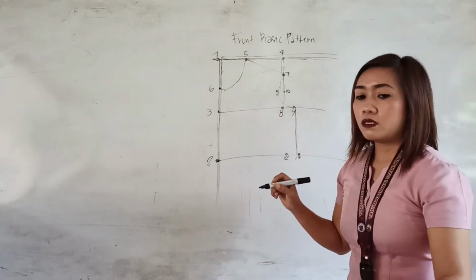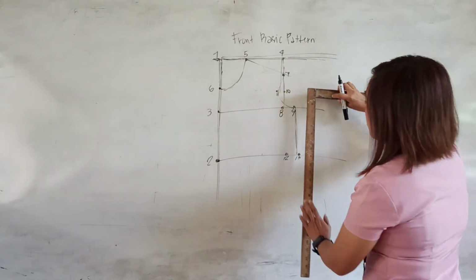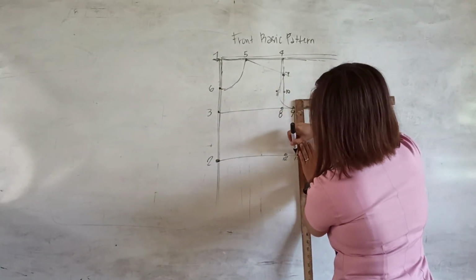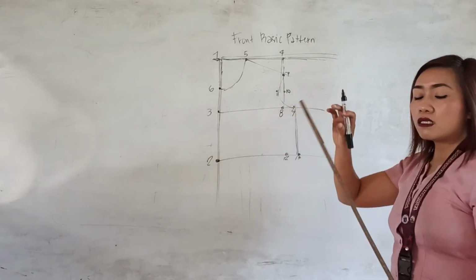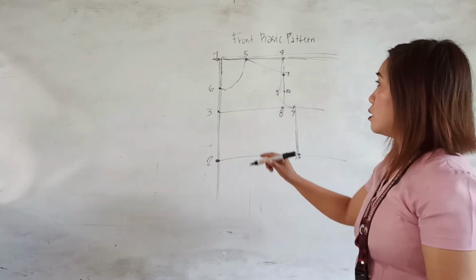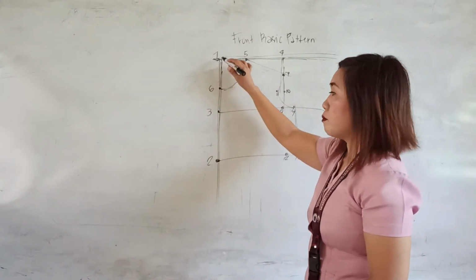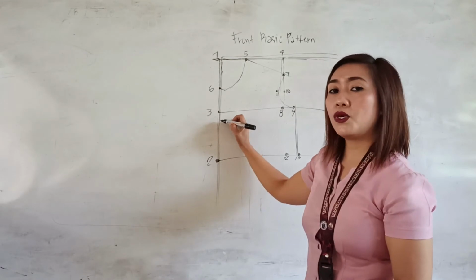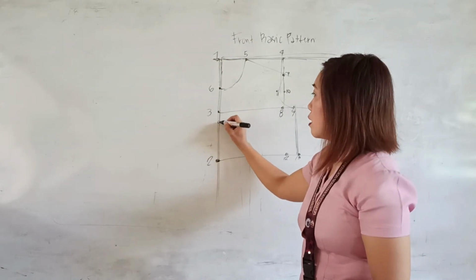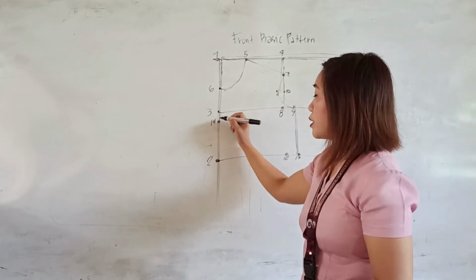Now, for us to get point 14, go to your point 1, measure downward equal to your bust height, and mark point 14.